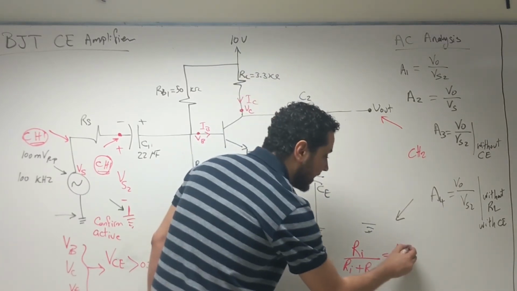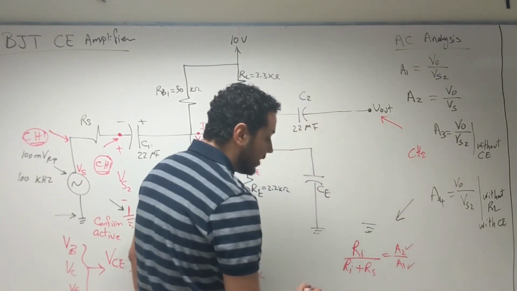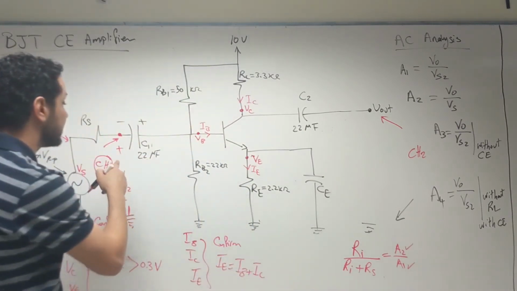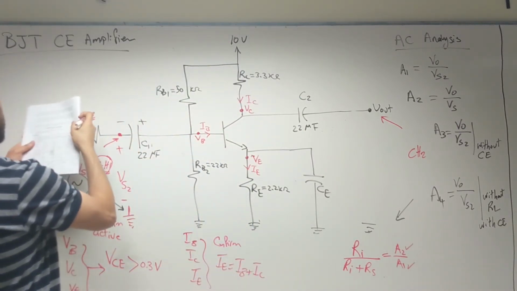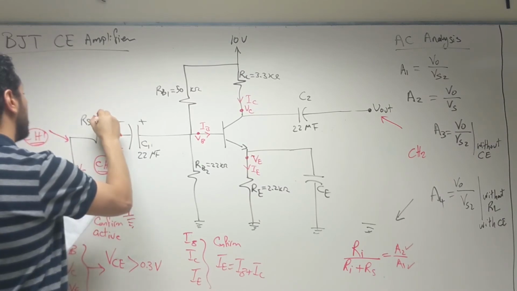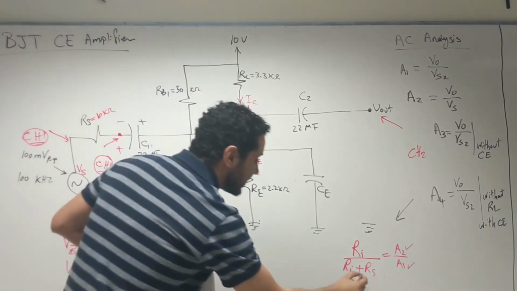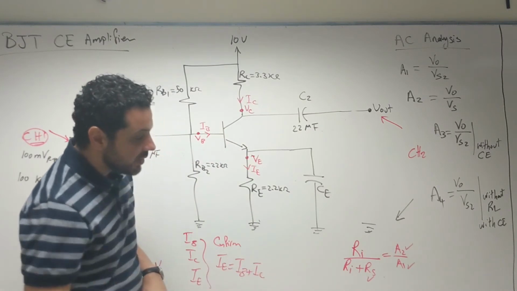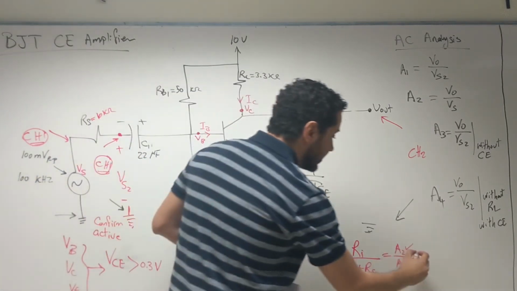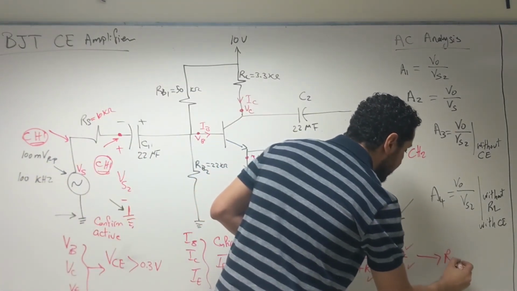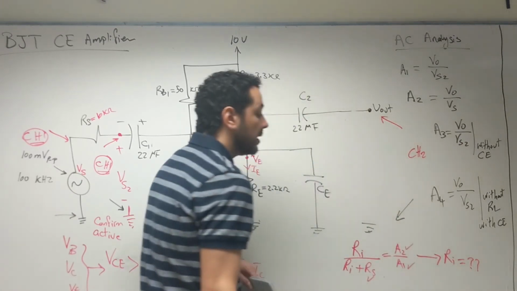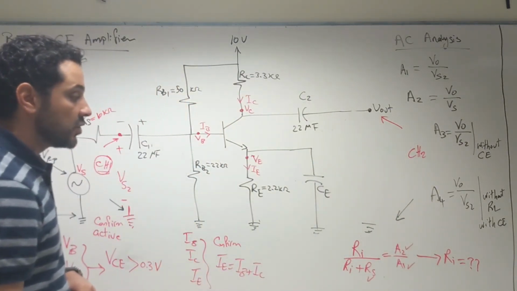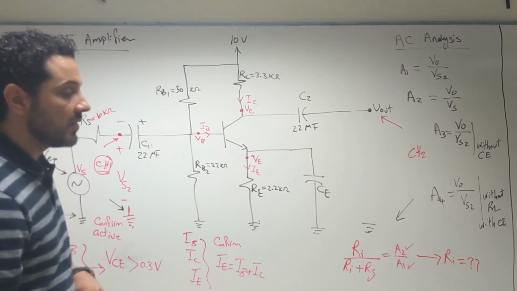We already have the gain A2, we have the gain A1. We know that RS, the resistance RS, according to the manual, is 10 kilo ohm. So we know what is RS. So we can use this equation in order to calculate the value of R input, the input impedance of the amplifier. So this is the first equation in order to calculate the input impedance.